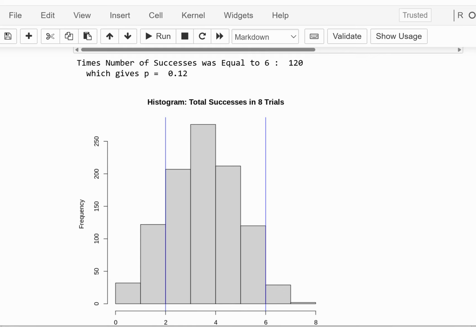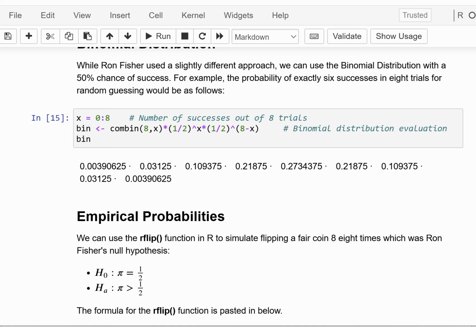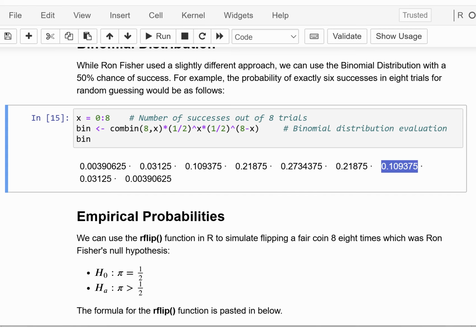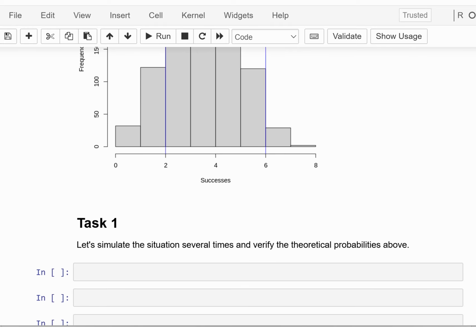And you can see that with 1,000 trials, our estimate was 0.12. If you recall from above, the actual probability for 6 is about 11%. Let's jump back up here and find it. So we're close, right? The empirical value is close.